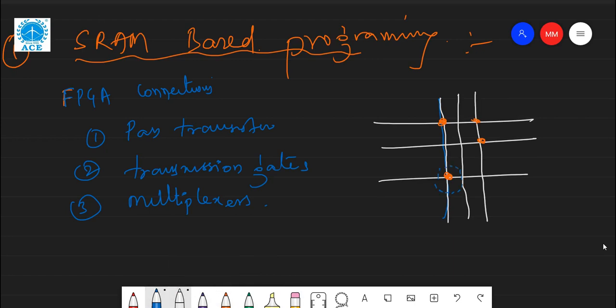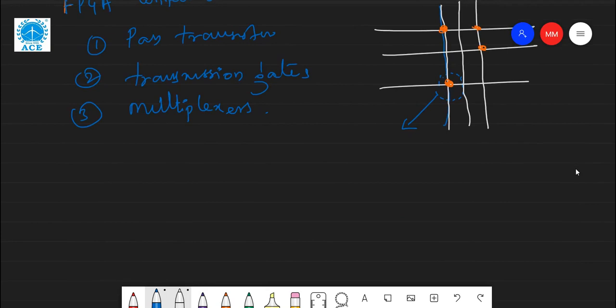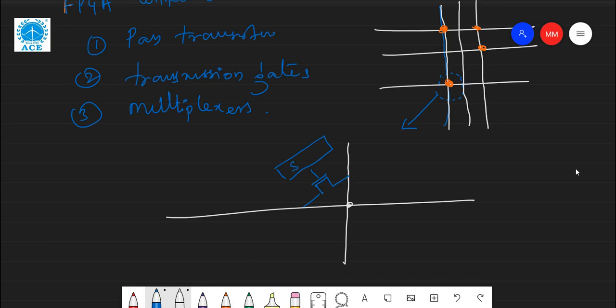Suppose if I take this one here, then it will look like the block. This is not selected. This is a connection, suppose. Like this, the pass transistors are connected. Here we can program an SRAM cell.